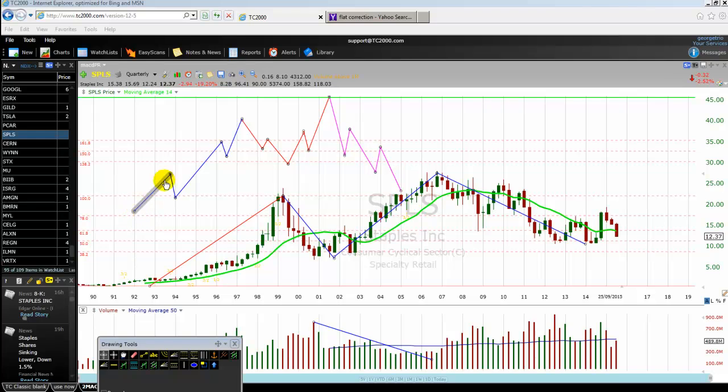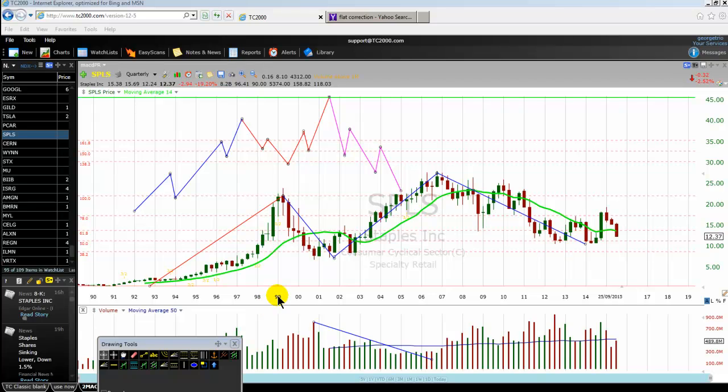Each of these moves constitutes the internal waves of this move from here to here. So the first thing an Elliott wave practitioner should know about the flat correction is the internal wave structure of the pattern.